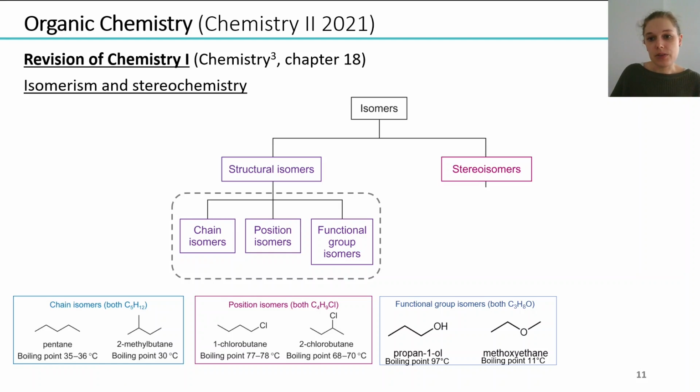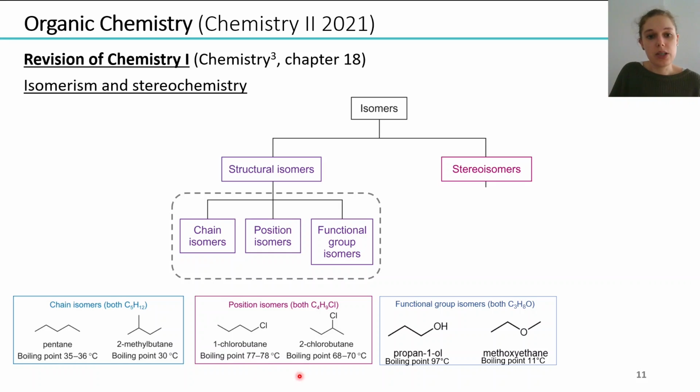When we go to the next type of structural isomers, we have the position isomers. Again, we have the same molecular formula. So we have a molecule with the formula C4H9Cl. You can, for example, draw just a straight line where you have the 4 carbon atoms, and then at the end position the chlorine. Then we talk about 1-chlorobutane.